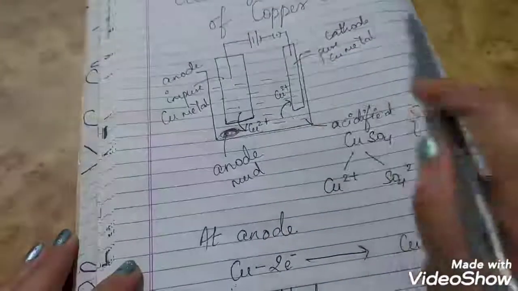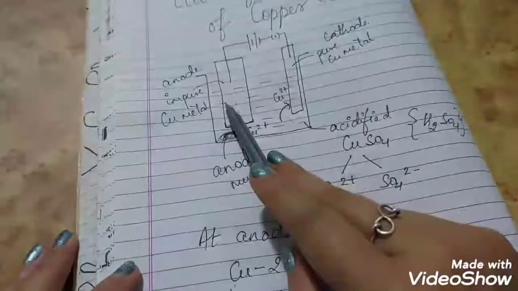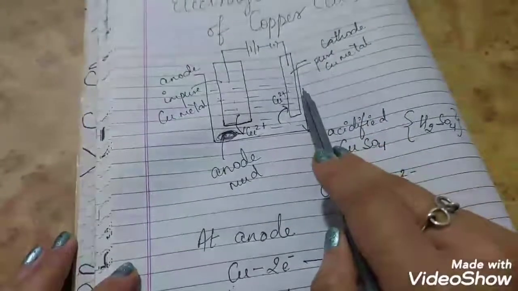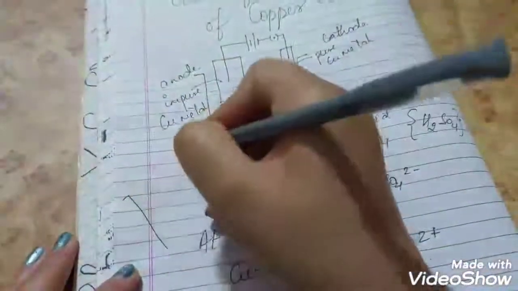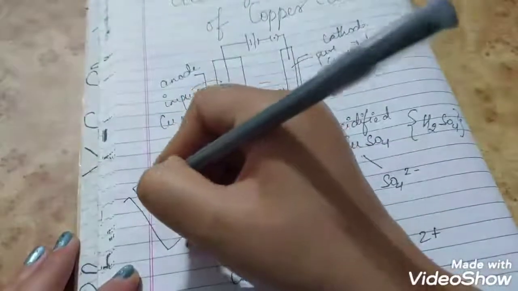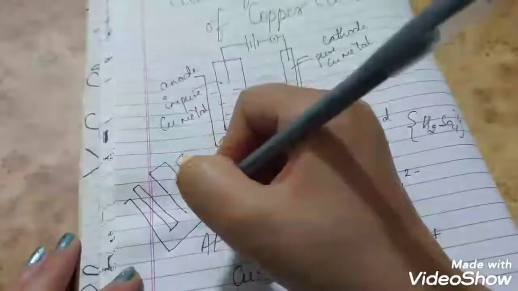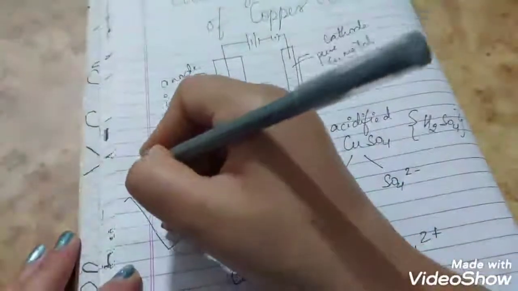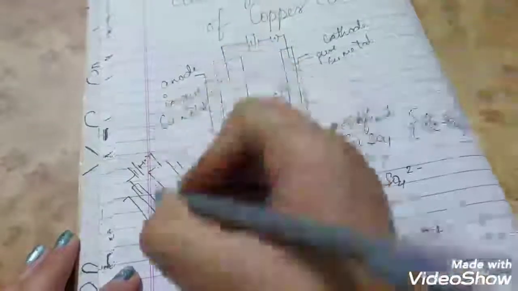As the process goes on, the impure anode becomes thinner, whereas the pure cathode becomes thicker and thicker. So something like this will happen. See what will happen? The anode will become thin and the cathode will become thick. So now after the refining is completed, something like this will happen.